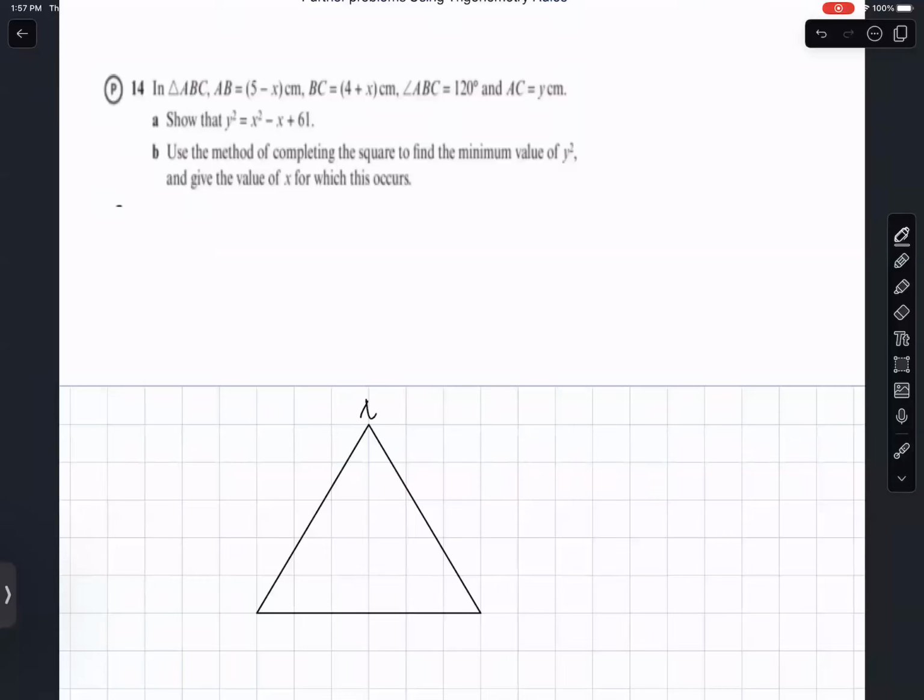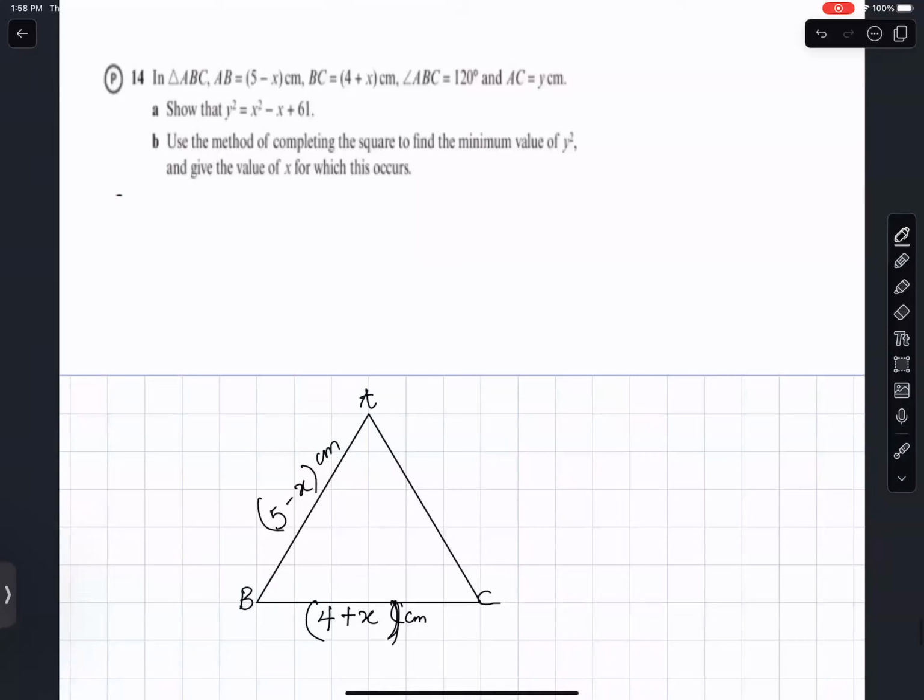The question says AB is 5 minus x cm, so we have 5 minus x cm on line AB, and line BC is 4 plus x cm, and angle ABC is 120 degrees.